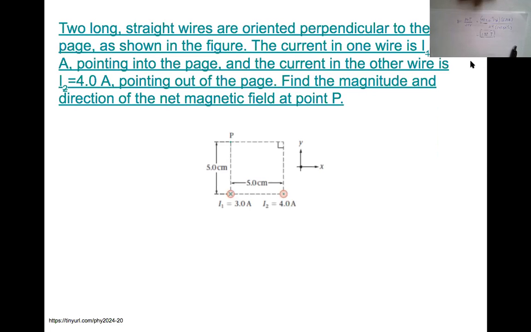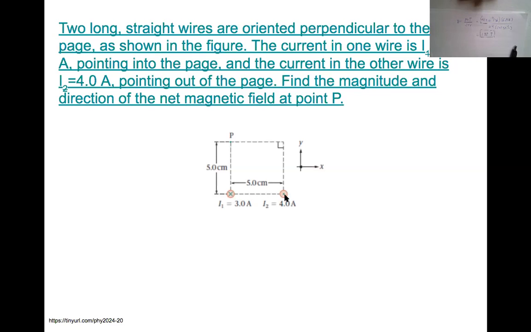The second example here is a little bit more complicated. We have these two long wires, and these two wires are perpendicular to the screen.